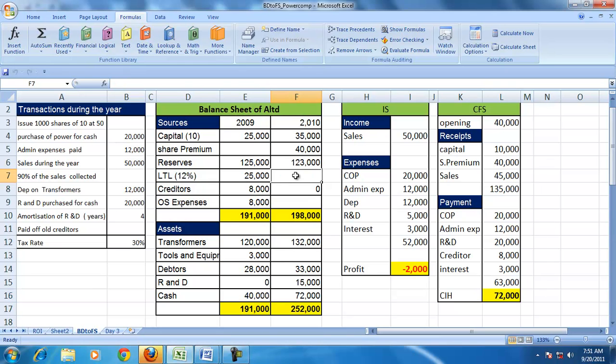During this period, no change in the long-term liabilities, no change in the outstanding expenses, no change in the tools, and as a result our balance sheet showed depreciation minus this. Okay, so the total of assets is 231, supported by the corresponding sources.